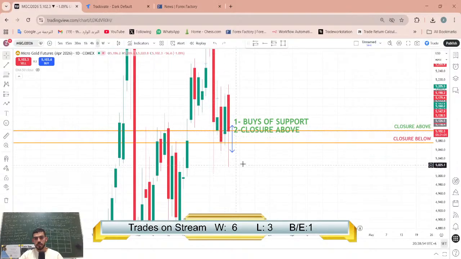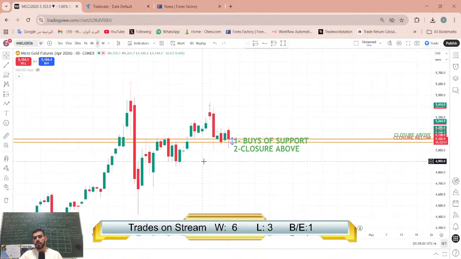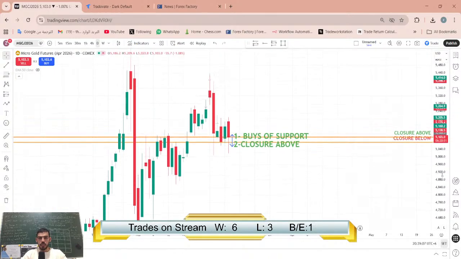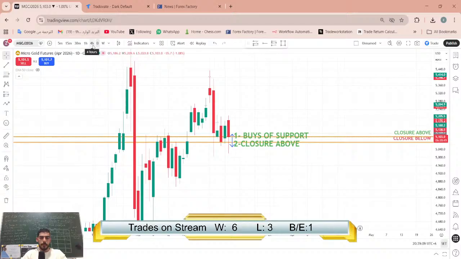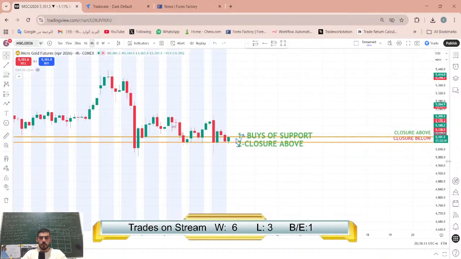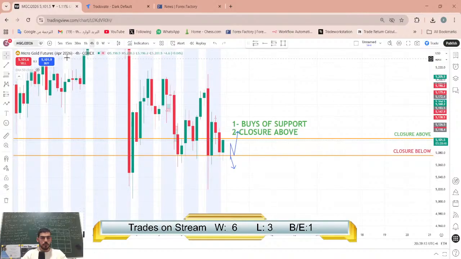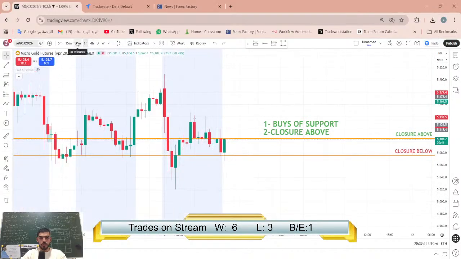Look at that, it's mostly bearish, but if this daily candle could close below, we can see gold hitting 4903 really soon. Very, very soon.